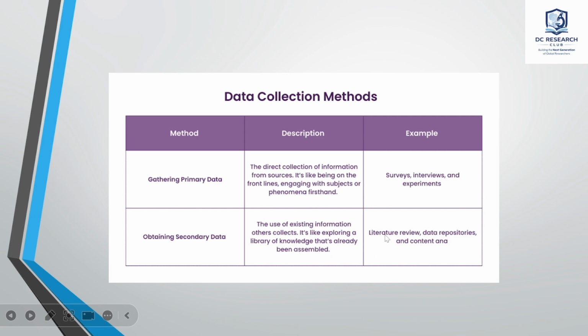Let's say you are doing a literature review and looking at what others have already done, their experimental work, their interviews, their surveys, their statistics, and gathering data from already existing information. Examples include, of course, literature reviews, data repositories, and any form of content or text.